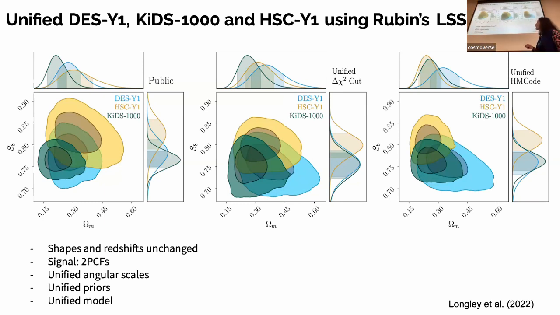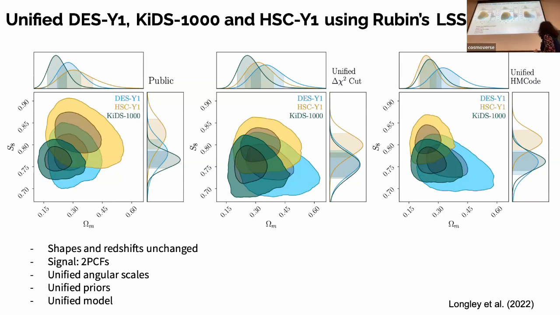And you can see here, this is showing the public results, so this is as each survey has published. And then these two panels are showing their two reanalyses. One of them is showing a more conservative scale cut, to remove the effect of baryon feedback.